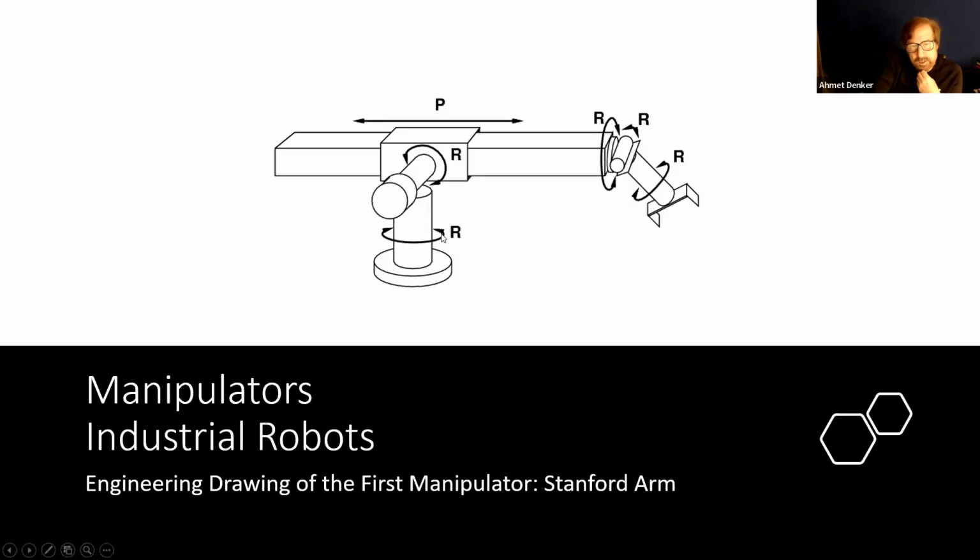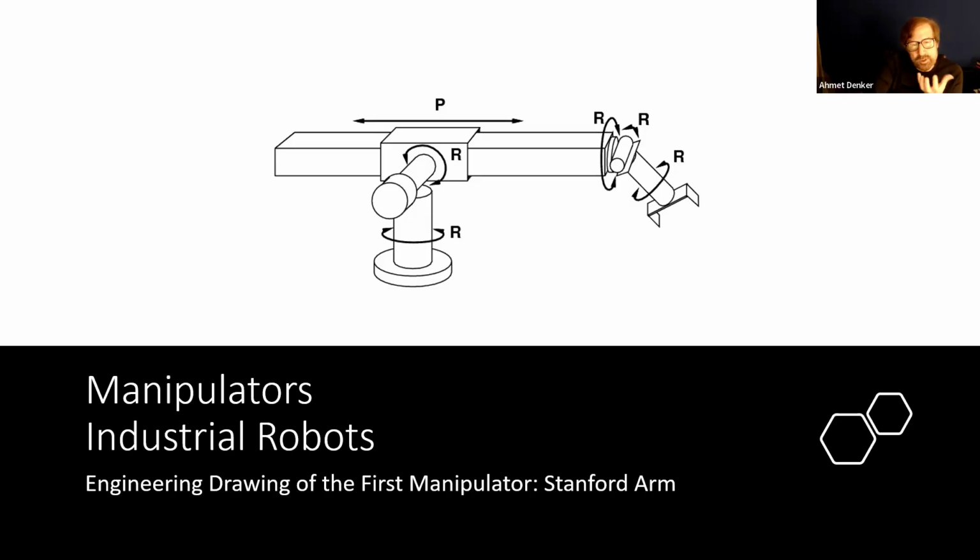So you see here some letters and some arrows, circular arrows, linear arrows, and two letters, P and R. I think you can guess what they are. R definitely comes from rotation, but it doesn't mean rotation. It means revolute here.